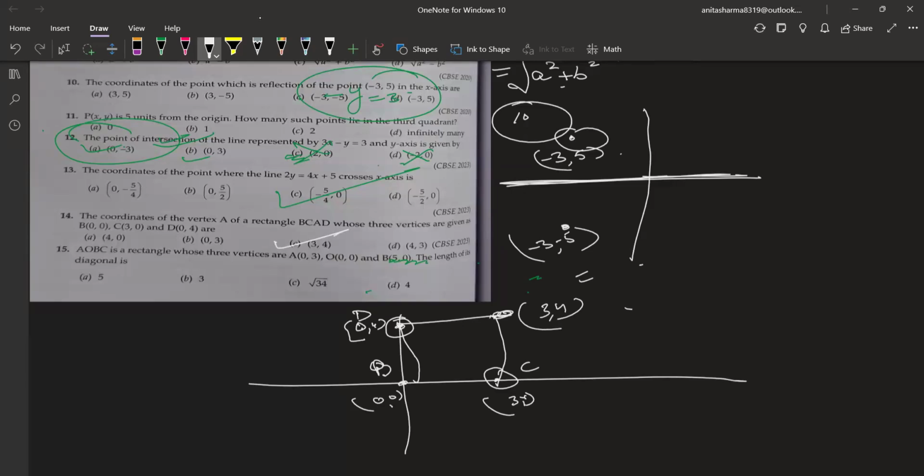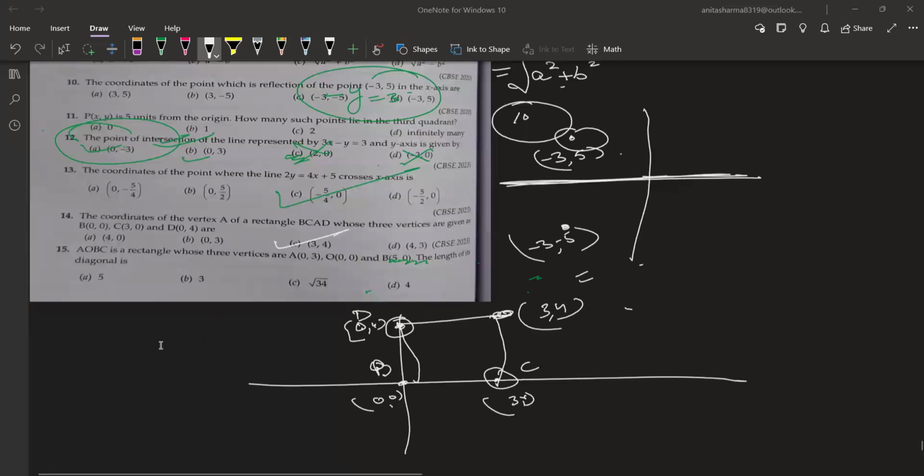Now solve this 15th one also. Root 34. Yes, beta.